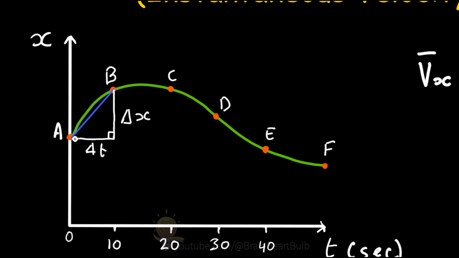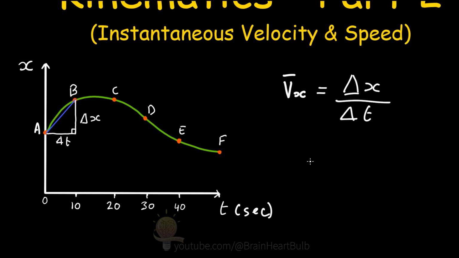So how can we actually write this down mathematically? As delta t approaches 0, we'll have something that looks like this. So the velocity along the x-axis equals the limiting value as delta t approaches 0 of the ratio of delta x over delta t.